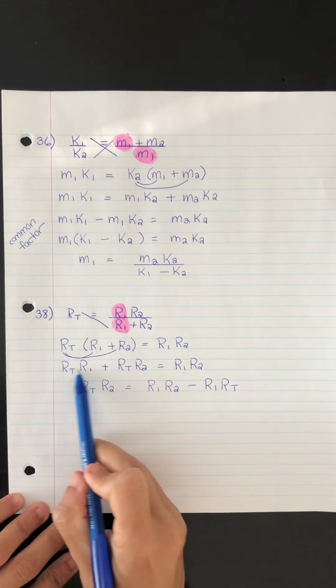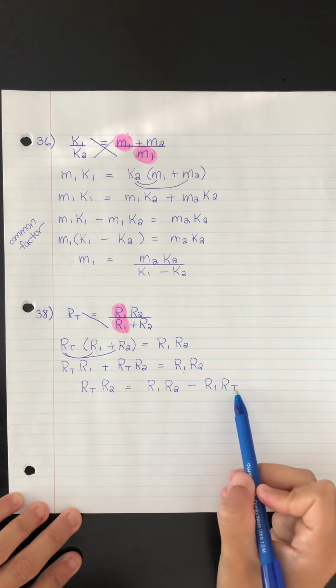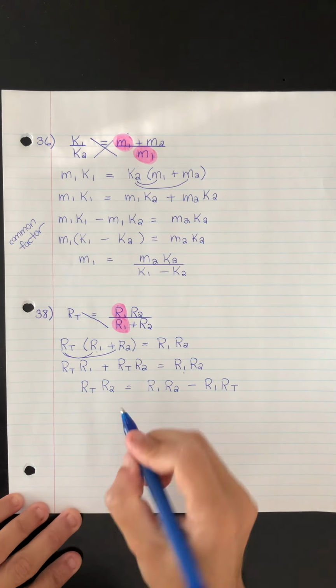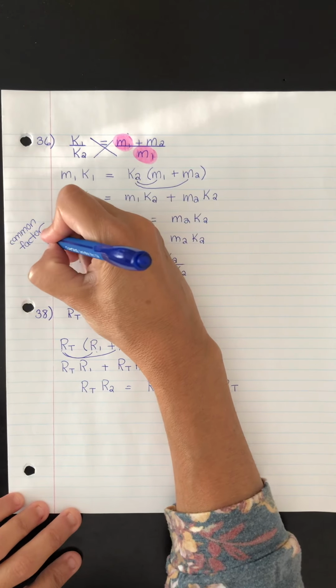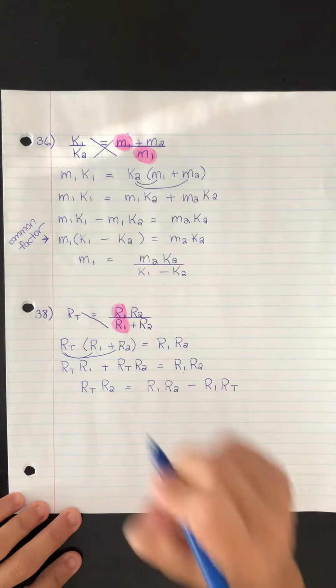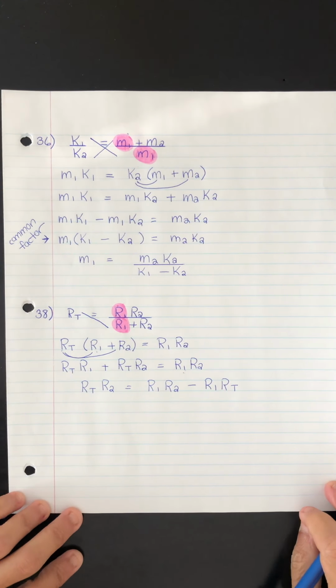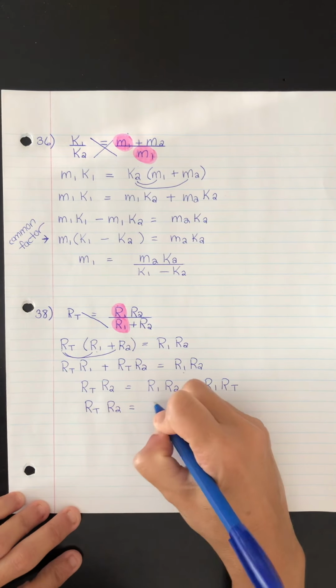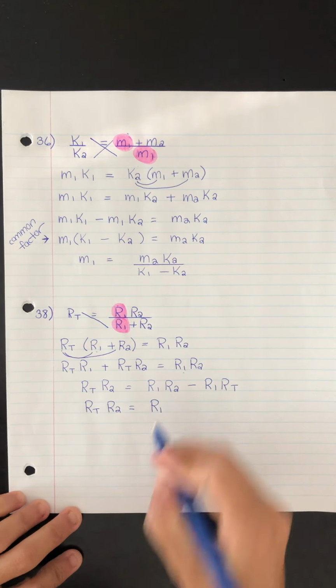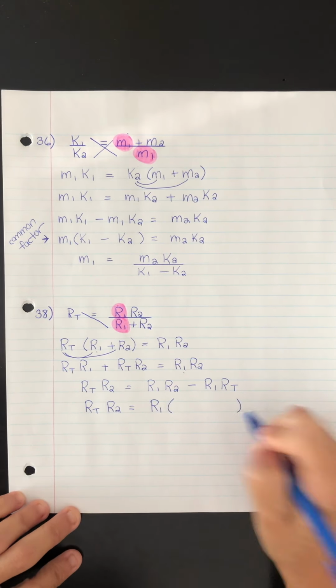Okay, so it's RT R1 or R1 RT. And now we have to do this step right here, the common factoring step. We're solving for R1, so we common factor it like this.